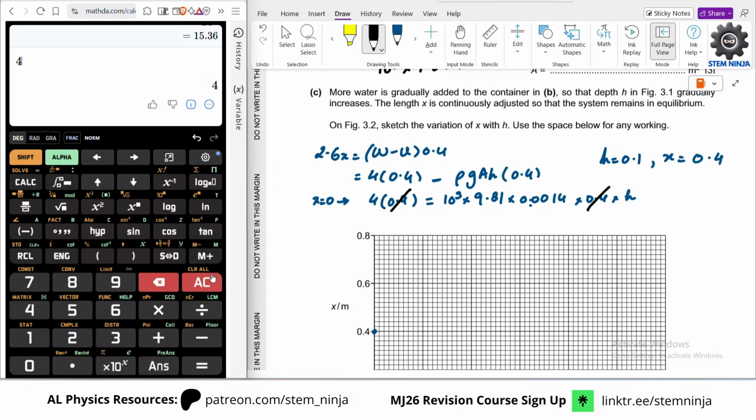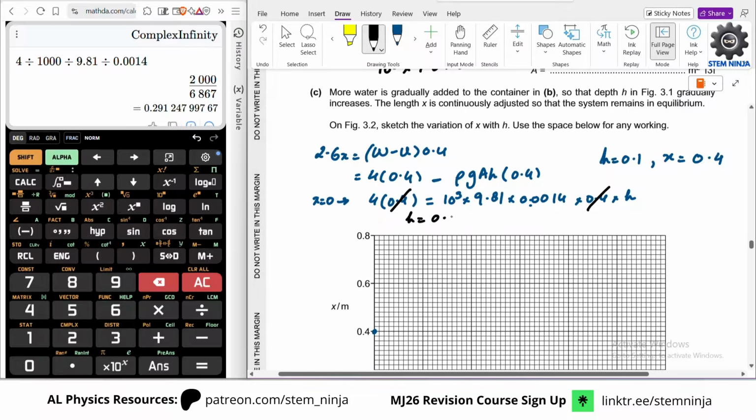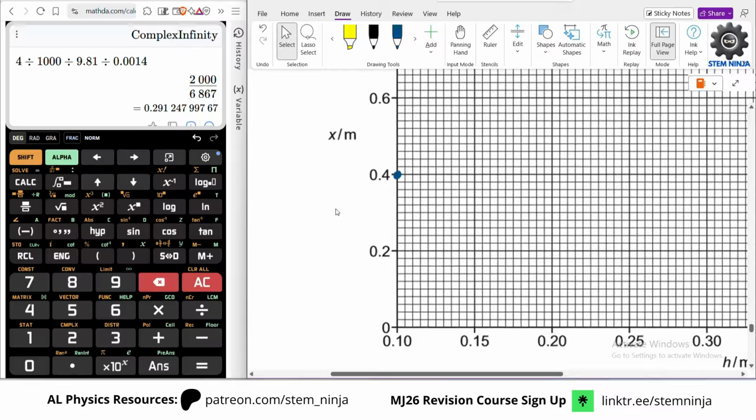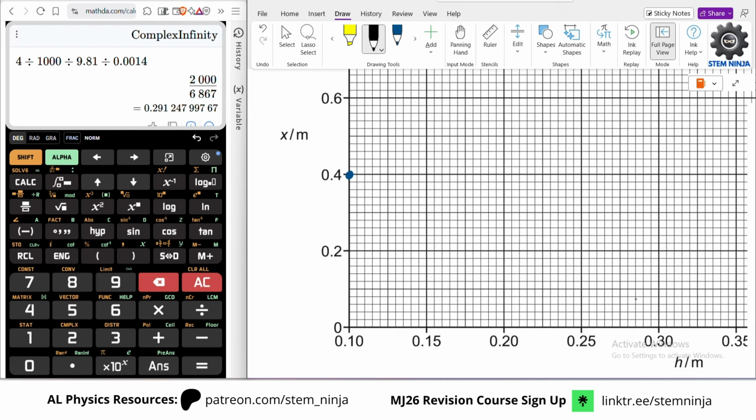So h would be 4 divided by 1000 divided by 9.81 divided by 0.0014, and yeah, 0.291 or 0.29. So we need to know where 0.29 is. So 0.29 would be over here, because you see 6, 7, 8, 9. So we have our 2 points.